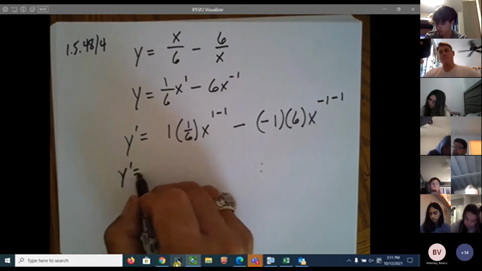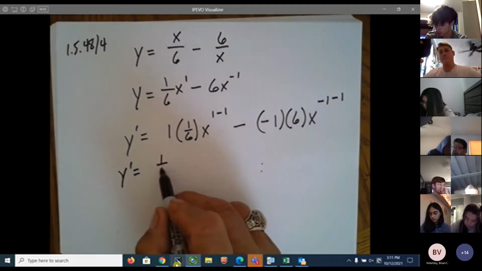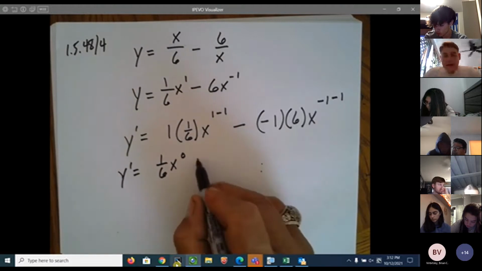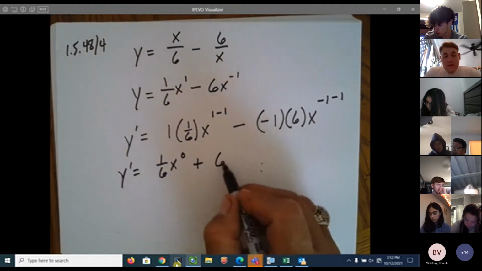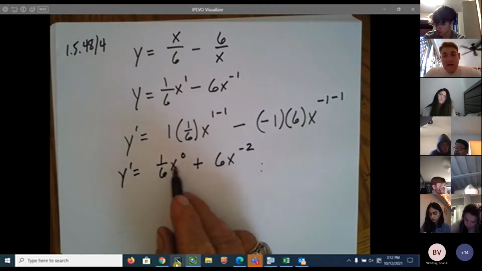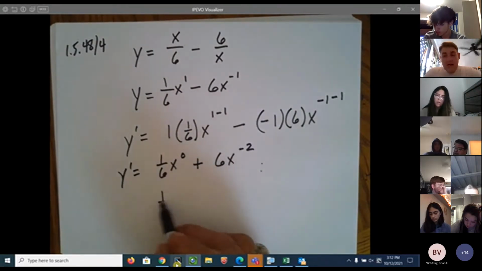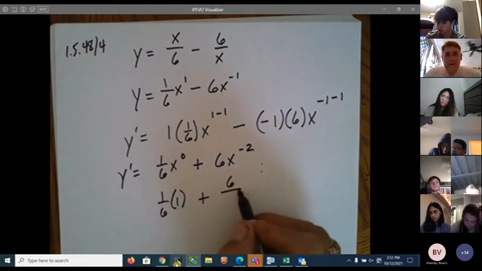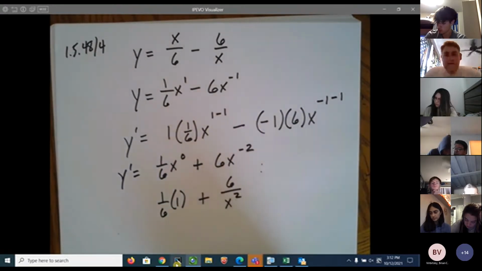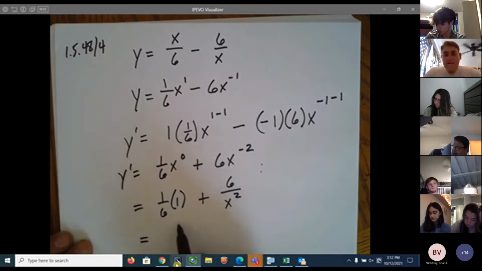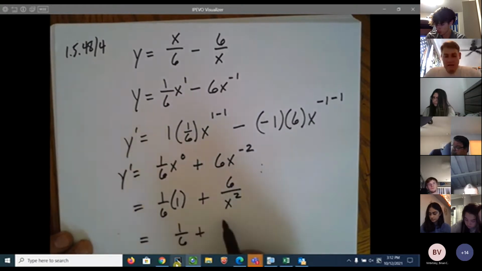Y prime is equal to 1/6 x to the 0 plus 6 x to the negative 2. And 1/6, this is 1, so that's 1/6 times 1 plus 6 over x squared. So your final answer is 1/6 plus 6 over x squared.